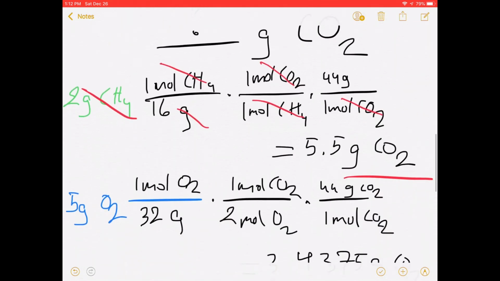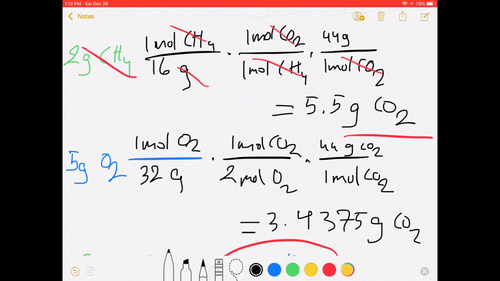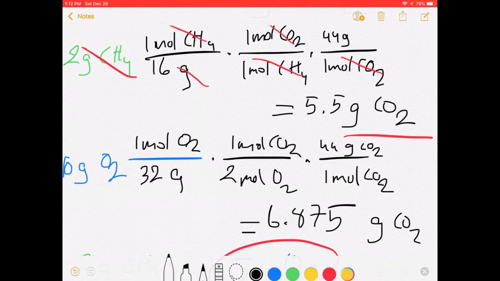So let's say I changed this problem a little bit to say that instead of 5 grams of O2, I reacted 2 grams of CH4 with 10 grams of O2. If you perform the calculations, you're eventually going to see that with just 10 grams of O2, you get 6.875 grams of CO2.